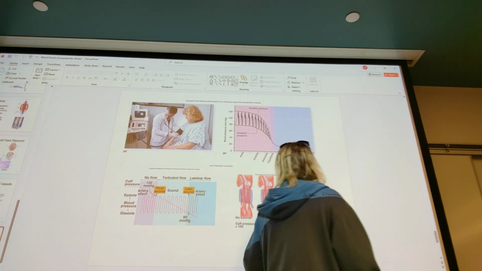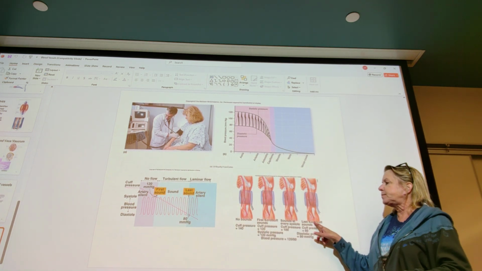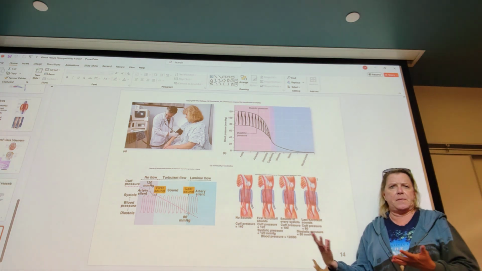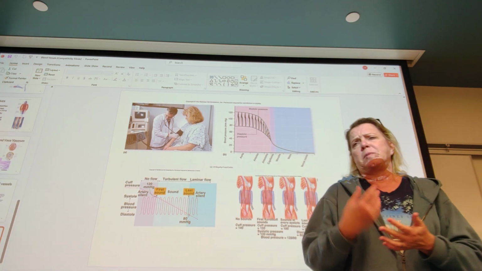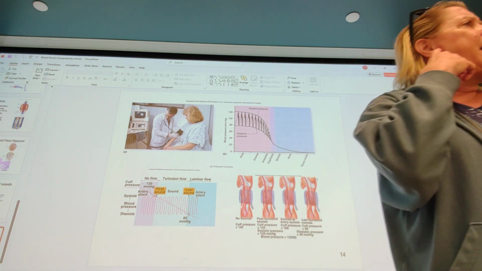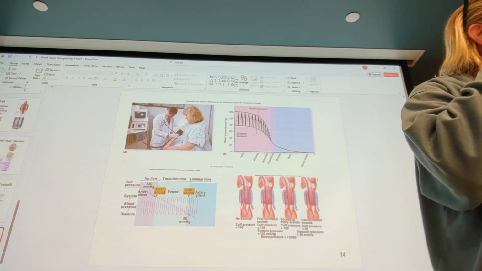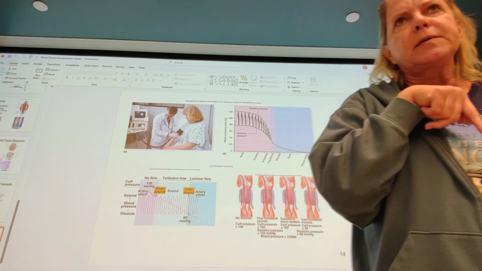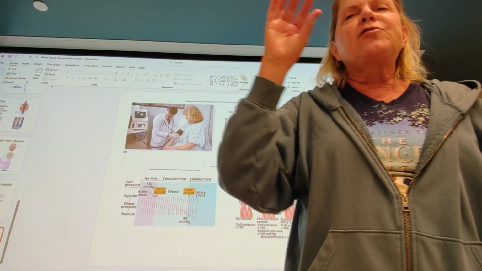That is what we call the Korotkoff sounds. And there are different types of them. There's the thumping, there's the murmuring, there's the muffling. But you can actually gauge them.